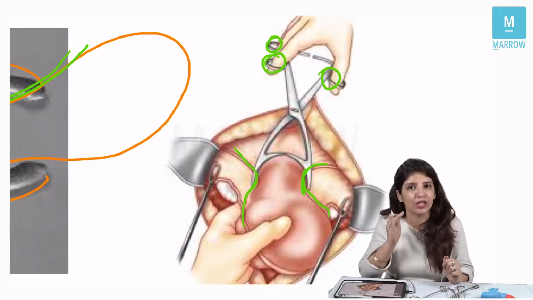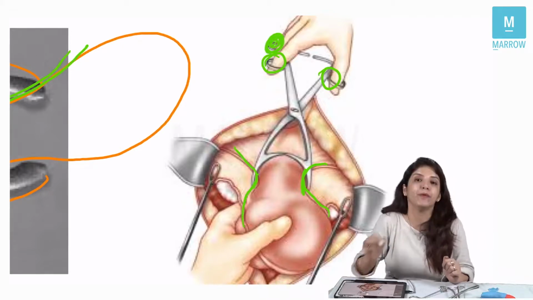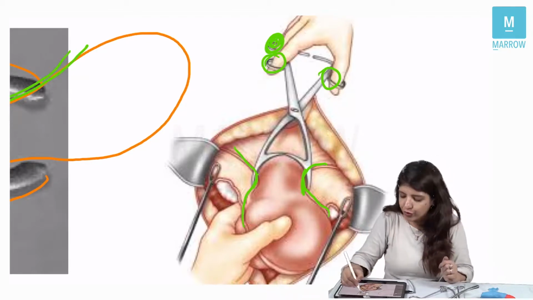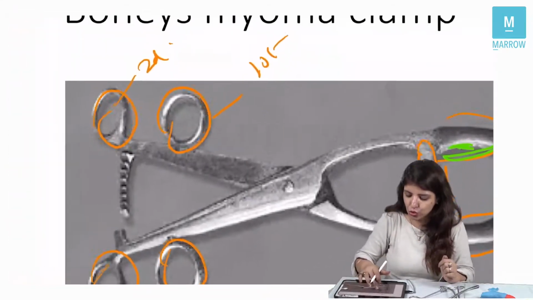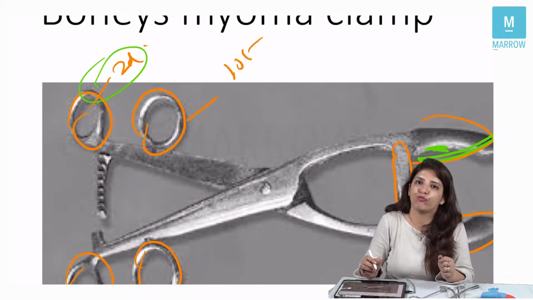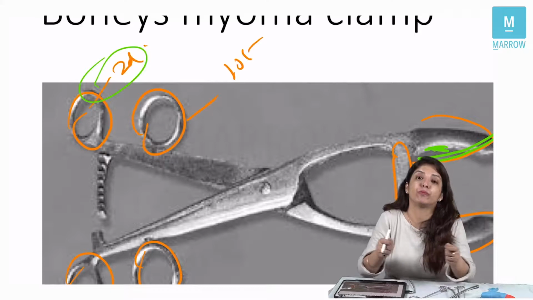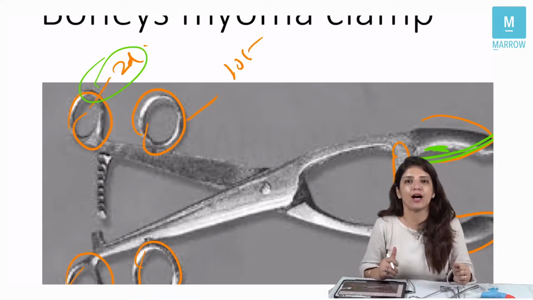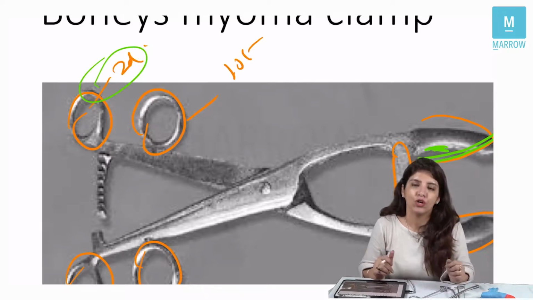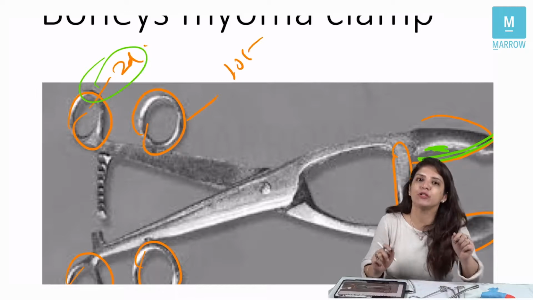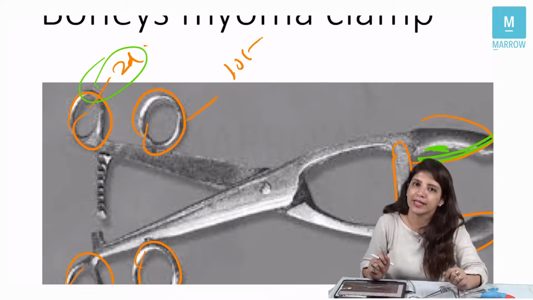So in order to release the clamp, you are going to use the distal pair or the second pair of finger grips. The first pair of finger grip is used to hold the isthmus. The second pair of finger grip is used to release pressure on the isthmus. So yes, this question can also be asked: at what time interval should the myoma clamp be released? So after every 15 minutes, you should release the myoma clamp.